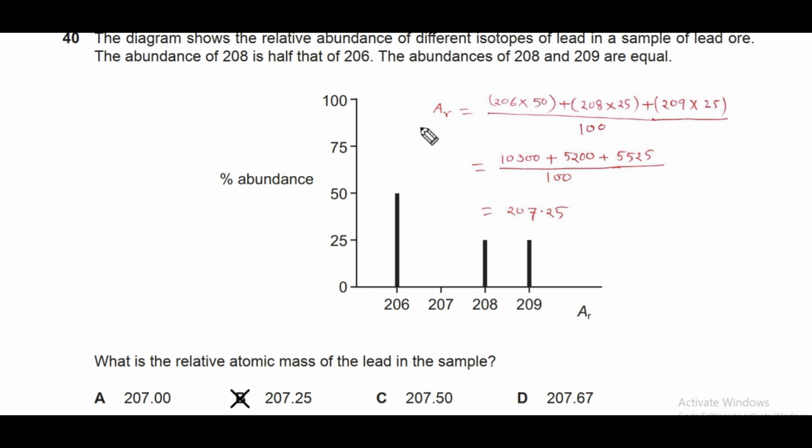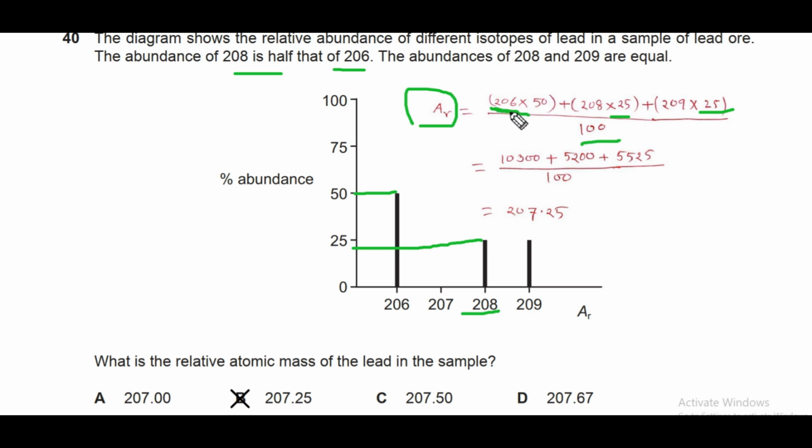So you know, Ar equals 206 times 50. Why? Because the abundance of 208 is half that of 206. So this abundance is 50 times 206, then 208 times abundance 25, 209 times 25, divided by 100.